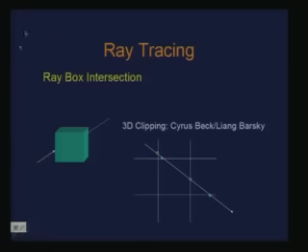But an alternate way is, and which we have already seen in the context of clipping, right. In 3D clipping, it is nothing but finding out the intersection of the line which is to be clipped against the box which is the clipping window, right.